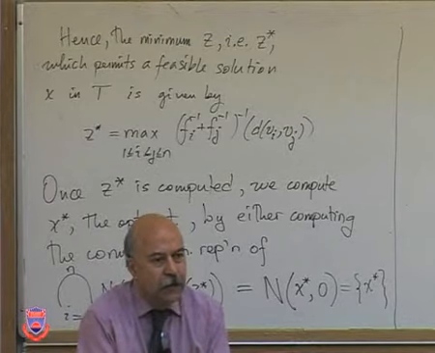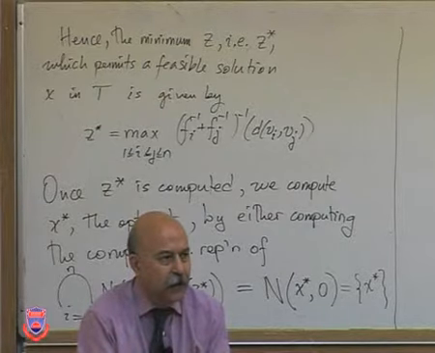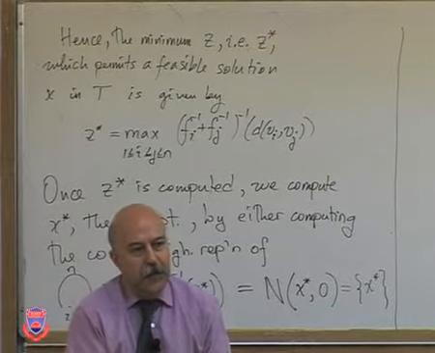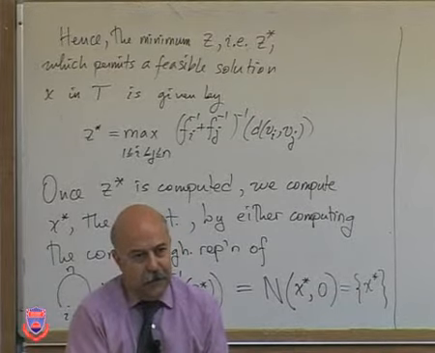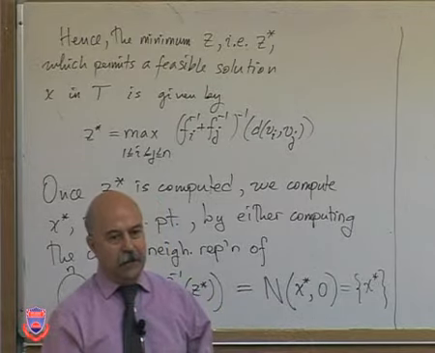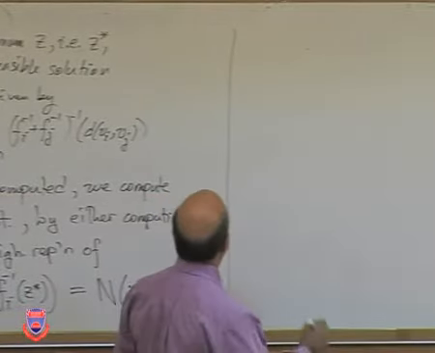What did we do in the weighted case, the linear weighted case with addends? We actually identified a pair of vertices whose indices determined the value of z star. So you can also use that. Let's just make a note of that.